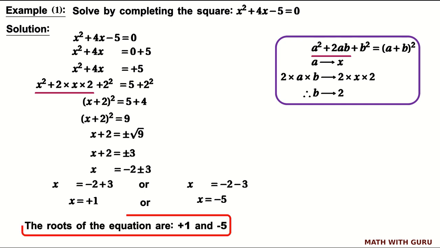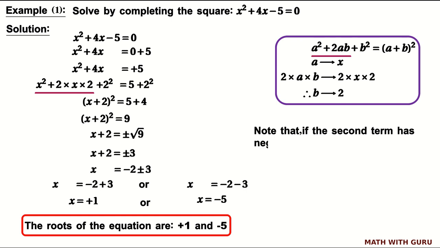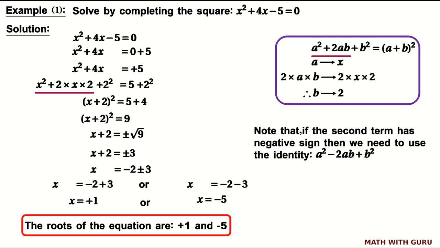The roots of the equation are plus 1 and minus 5. Note here that if the second term has negative sign, then we need to use the identity a squared minus 2ab plus b squared equals (a minus b) whole squared.